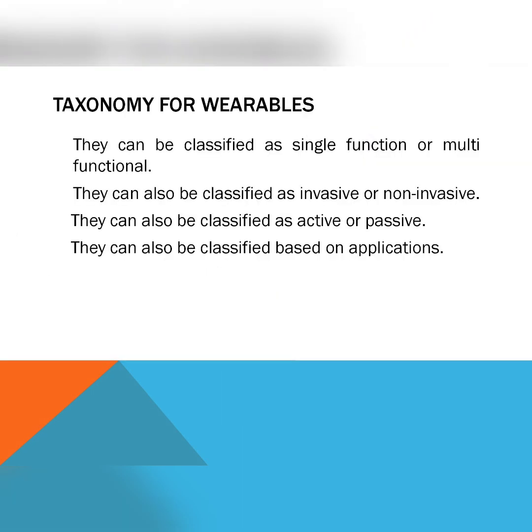To begin with, wearables can be classified as single function or multifunctional. They can also be classified as invasive or non-invasive. They can also be classified as active or passive based on their types, and based on their deployment mode.